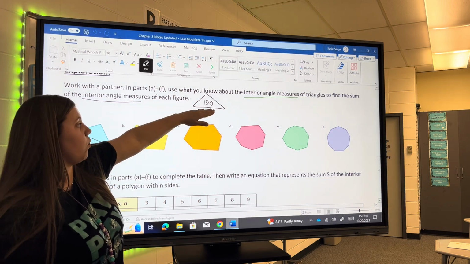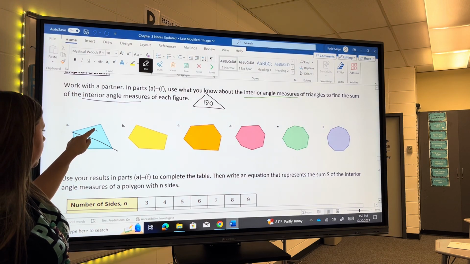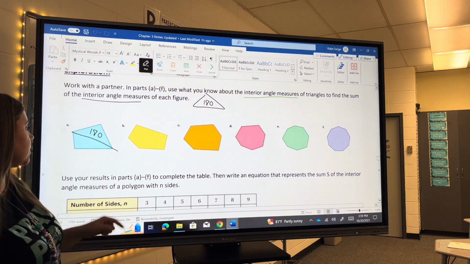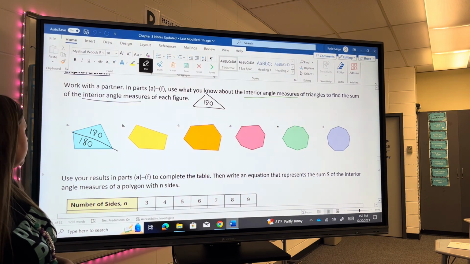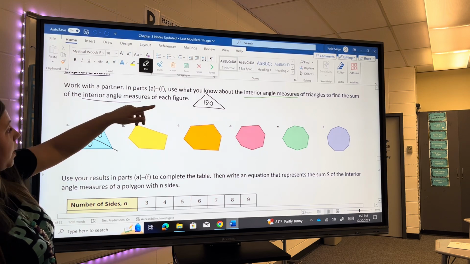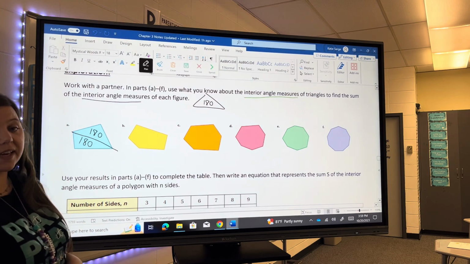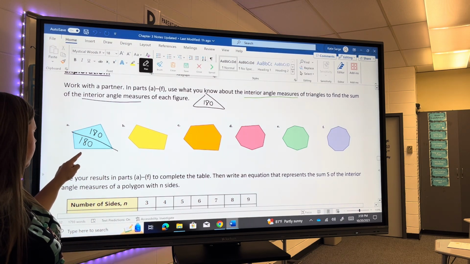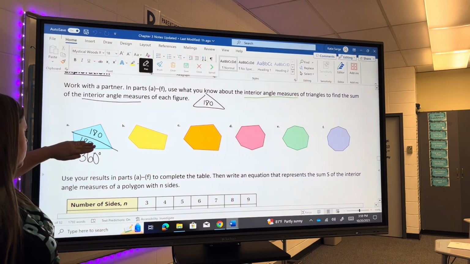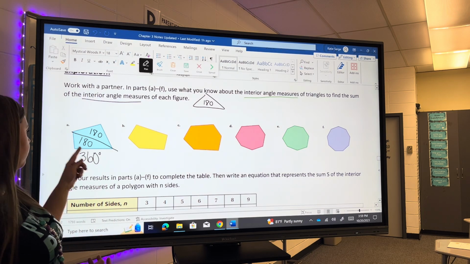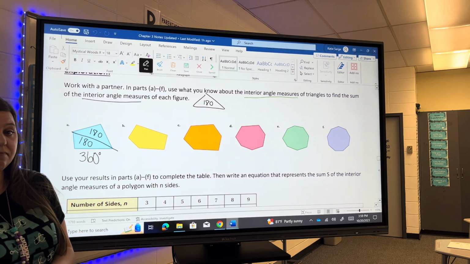Well, what I know is that one triangle has 180 degrees. So this should be 180, and this should be 180, right? But it says, what is the sum of the interior angle measures of each? So the entire thing together is going to be 360 degrees, okay? This triangle and this triangle together form this entire shape, and all of that together is 360 degrees, okay?